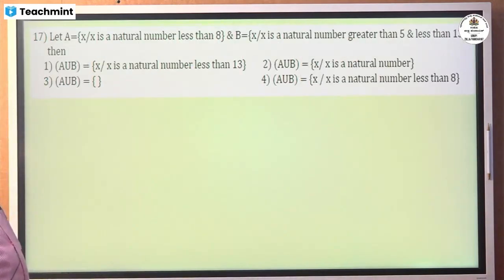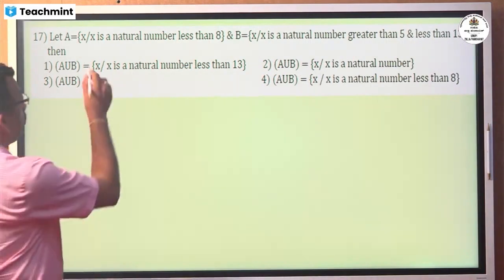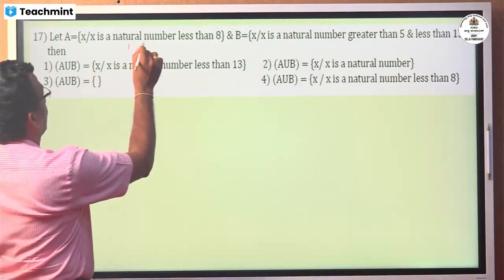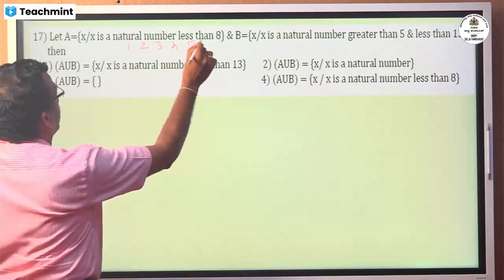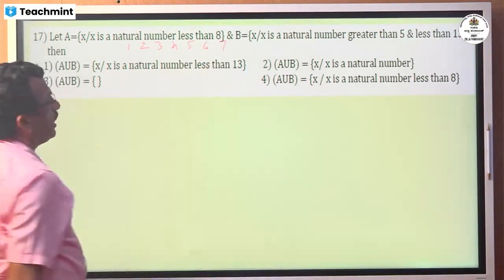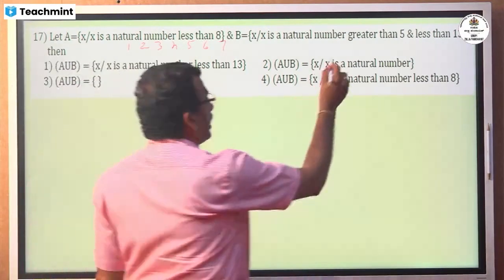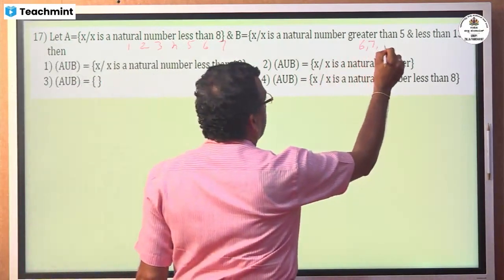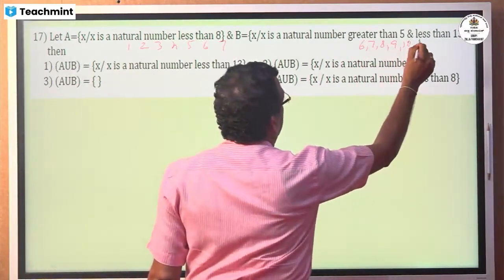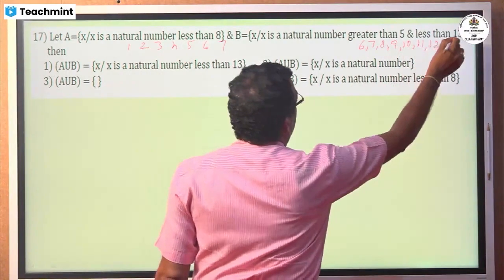A is a set with natural number less than 8, so that the elements of A are 1, 2, 3, 4, 5, 6, 7. B is a set with natural number greater than 5, 6, 7, 8, 9, 10, 11, 12, less than 13.